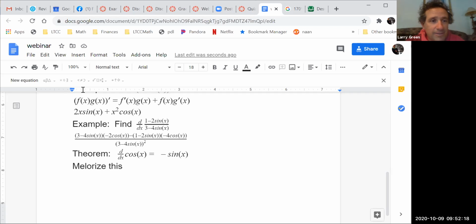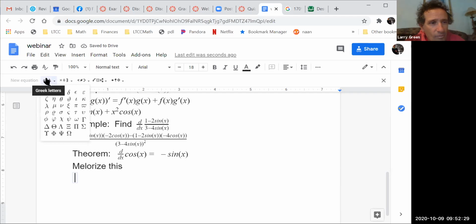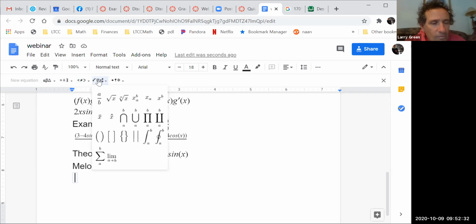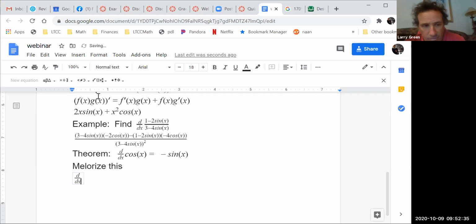Okay, what is the derivative? This one's going to be a little tough. It doesn't look too bad. What's the derivative of the sine of 2x? What's the problem with this? Is the sine of 2x just 2 times the sine of x?